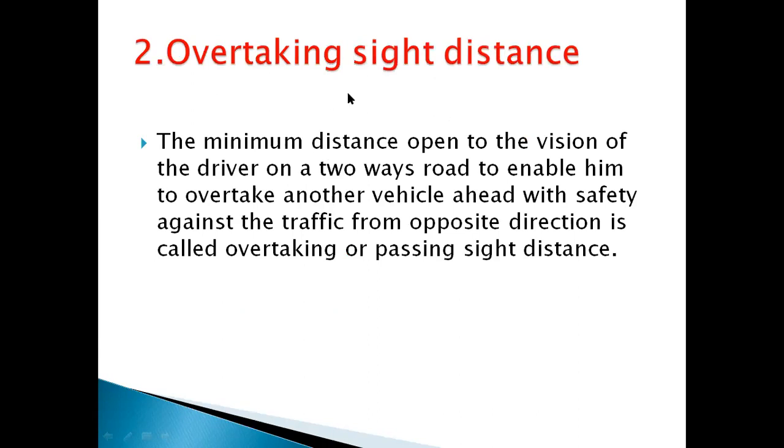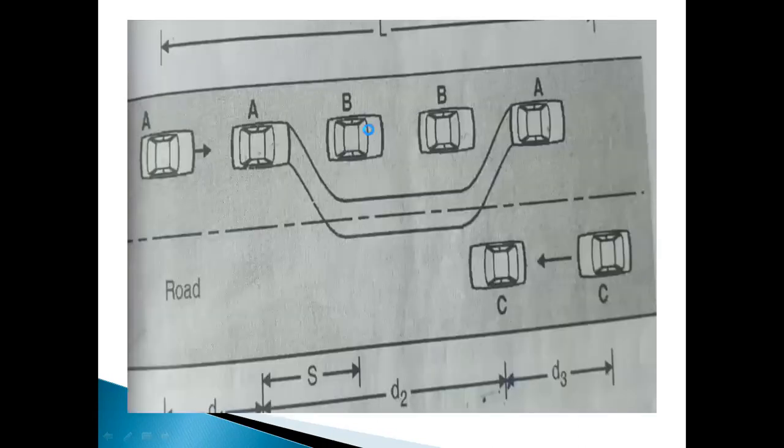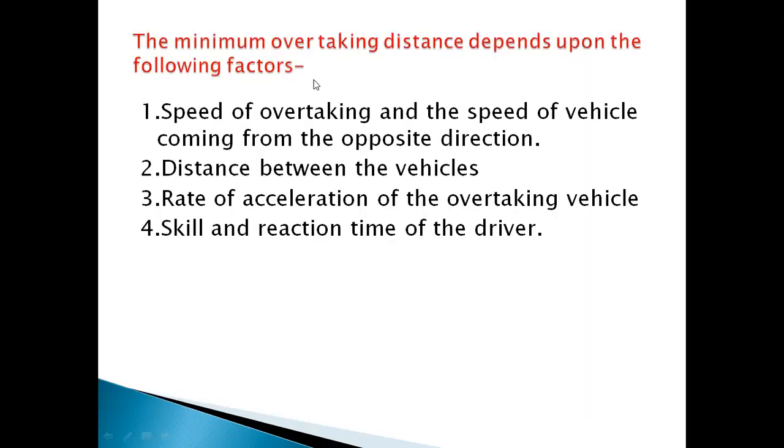Then second is overtaking sight distance, the sight distance required to overtake a vehicle safely. Then we discussed the minimum overtaking sight distance and the factors it depends upon.